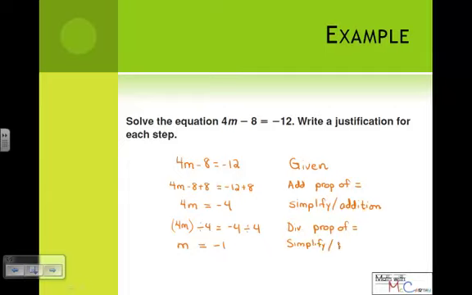Or we can say we actually just performed the division. And we have just done a form of algebraic proof. We use logic, properties, and reasoning to get from 4m minus 8 equals negative 12 to m equals negative 1.